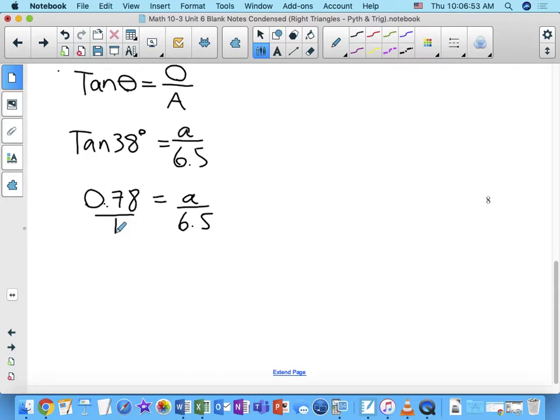On the right side, what math operation happens in a fraction? Division. What's the opposite of division? Multiplication. So to undo division by 6.5, we multiply by 6.5. And we do that on this side as well.